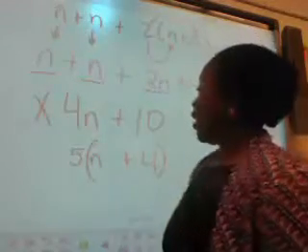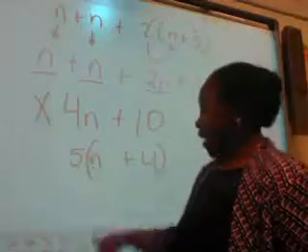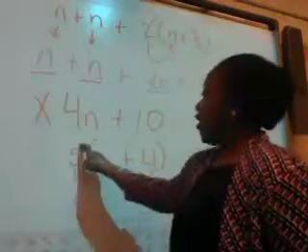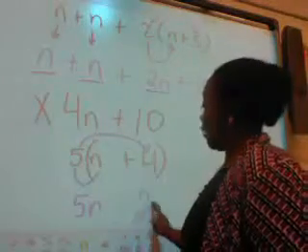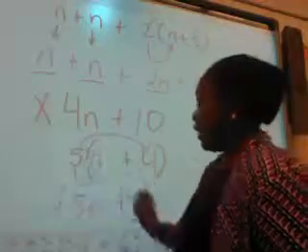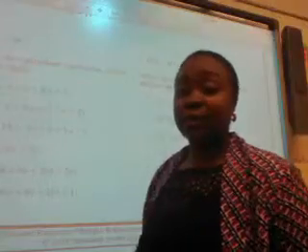So let's start here. 5 times n is 5n. 5 times 4 is 20. And I'm bringing down my addition sign. 5n plus 20. Yes, it is equivalent to 5n plus 20. So I put a check mark on D. Okay? So D is equivalent to 5n plus 20 when I simplify.